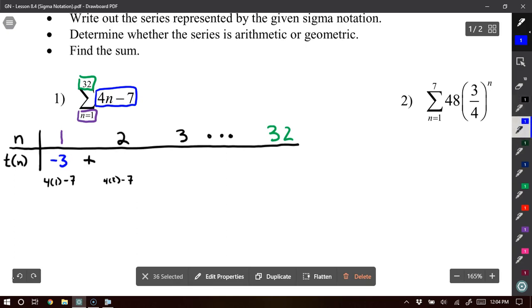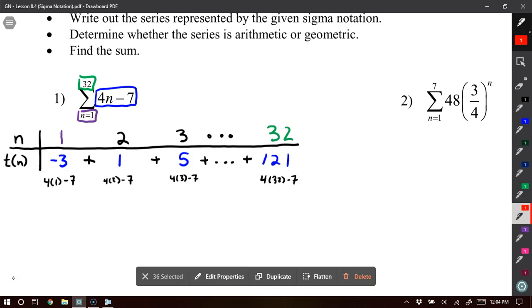And that's going to give me 1. That's a plus sign. I'm going to do 4 times 3 minus 7. That's a plus sign, so 5. Then dot, dot, dot, plus. Now my last input is going to be 32. So 4 times 32 minus 7, which is 121. So that is the first question.